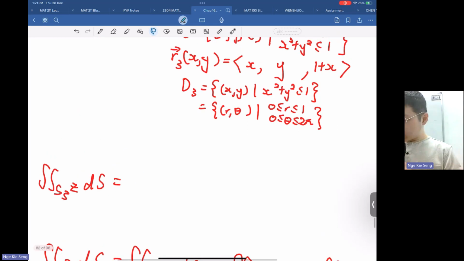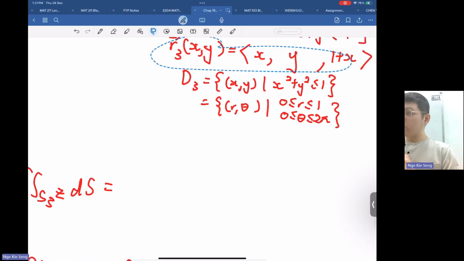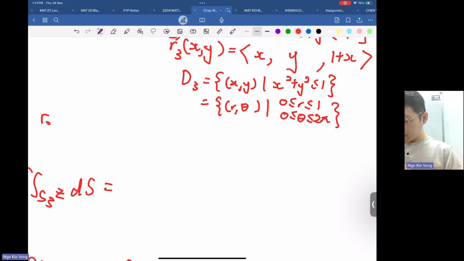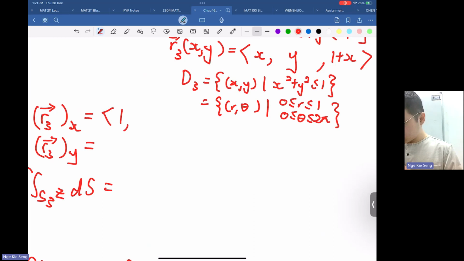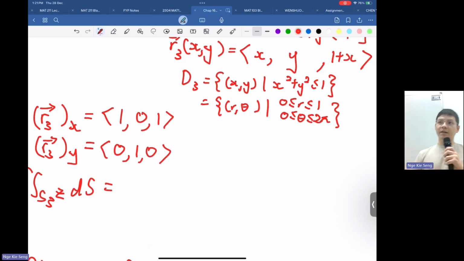From this parametric equation there are two variables, so you can take the partial derivative with respect to x and the partial derivative with respect to y. You get two linearly independent tangent vectors. First you get (1, 0, 1), second you get (0, 1, 0). So if you cross these two vectors, what do you get?